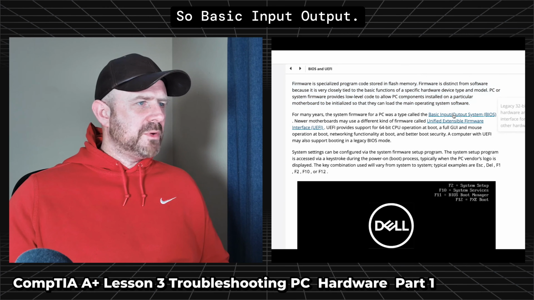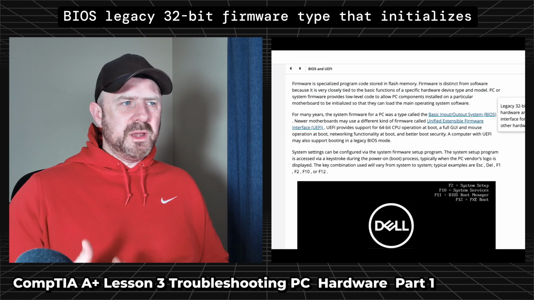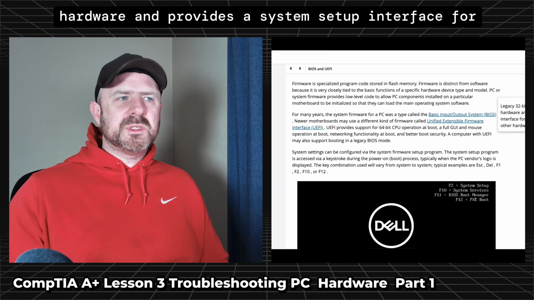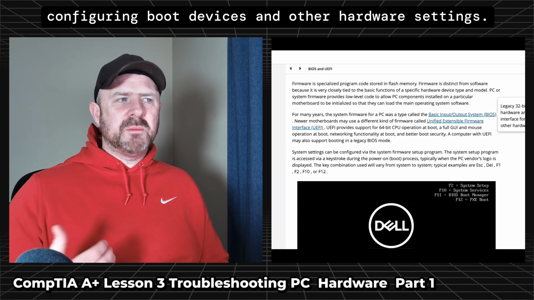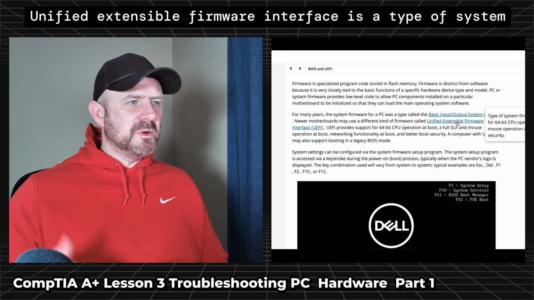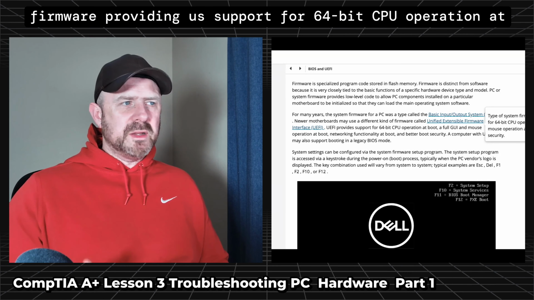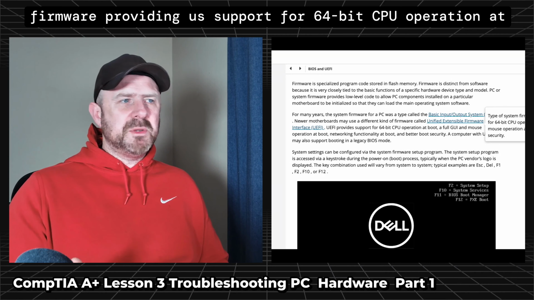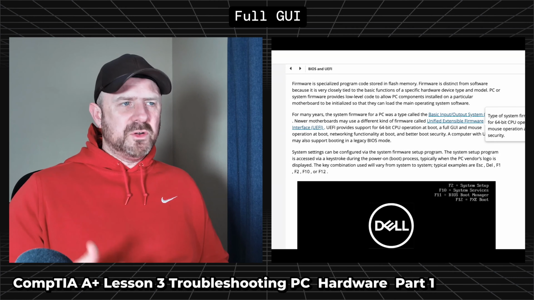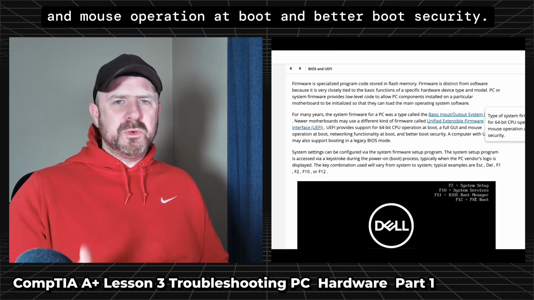So Basic Input-Output System, BIOS, is a legacy 32-bit firmware type that initializes hardware and provides a system setup interface for configuring boot devices and other hardware settings. Unified Extensible Firmware Interface is a type of system firmware providing support for 64-bit CPU operation at boot, full GUI and mouse operation at boot, and better boot security.